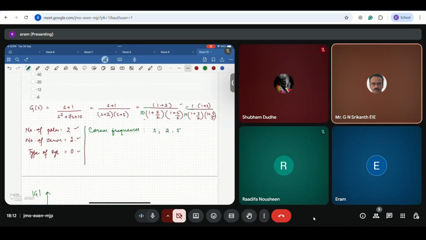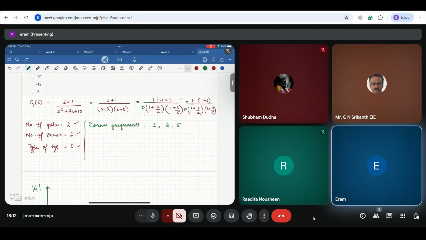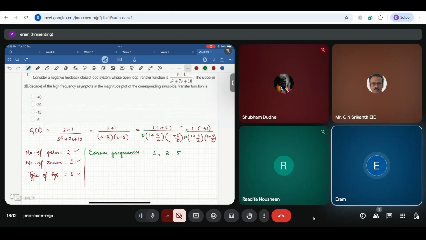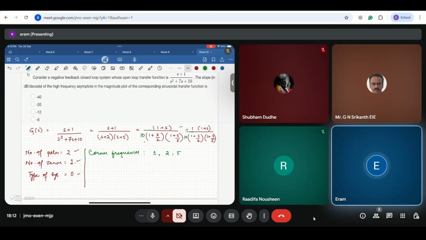We have corner frequencies at 1, 2 and 5. I've just marked them. Since this is a type 0 system, what will be the initial slope? If we talk about frequency less than 1, what will be the slope of the magnitude plot?